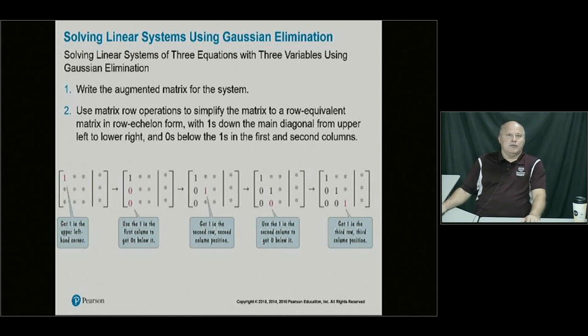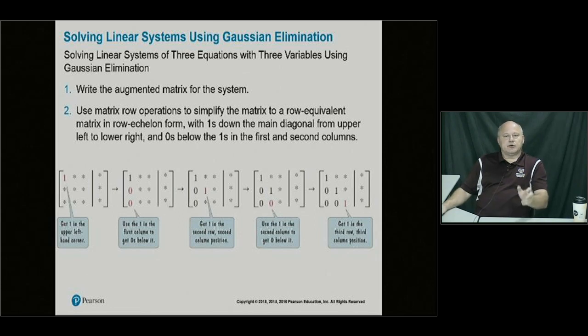You don't have to do anything. But maybe that one is a 2 and there's a 1 below it. In that case you might have to switch 2 rows around, so the first one would be a 1. Once you do have that as a 1, then you use row operations to make zeros below it. As you can tell, it may take 2 or 3 steps just to get to that second augmented matrix.